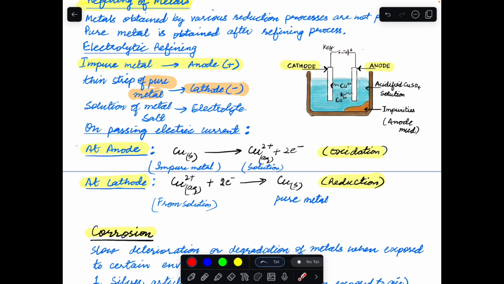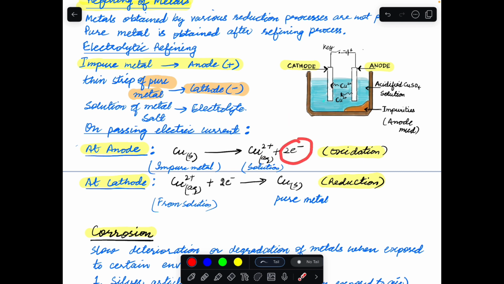So when we complete the circuit and pass the current, at the anode, which is positively charged, oxidation will take place. Copper metal from the anode, which is basically impure metal, will undergo oxidation to give Cu2+ ions, which will go into the solution, and electrons are released.